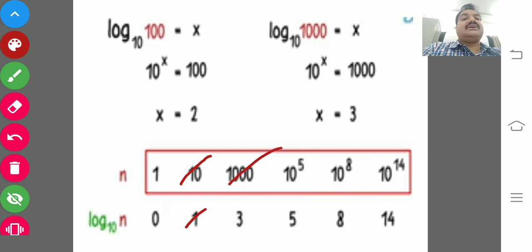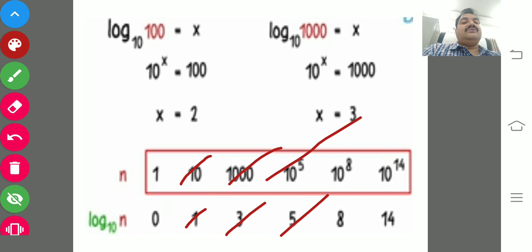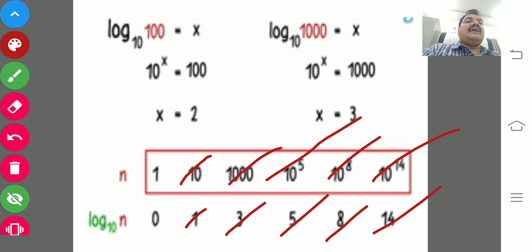But after applying logarithm, 10 is converted into 1, 1000 converted into 3, 10 power 5 converted into 5, 10 power 8 converted into 8. It diminished. Simply we can say that it's diminished. So 10 power 14 is changed into the small number 14. After applying logarithm, the answer will be 14.